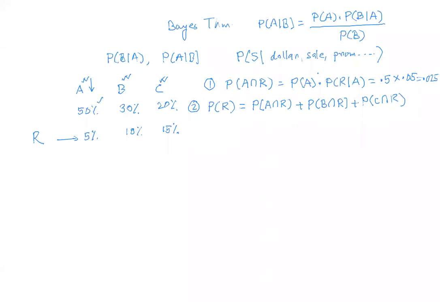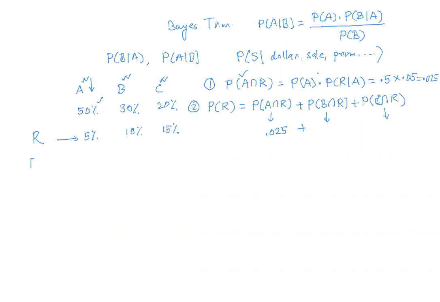If you add this up, you'll get the total reservation problem. The first one, by the way, we got, which is 0.025, probability of staying at hotel A and having reservation problem. Now let's do the similar calculations for hotel B and hotel C.